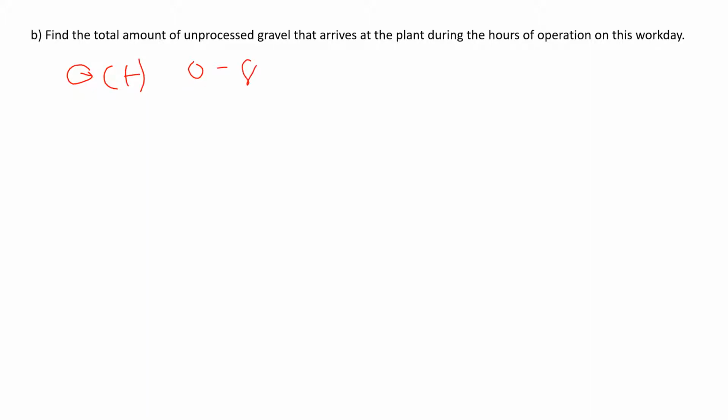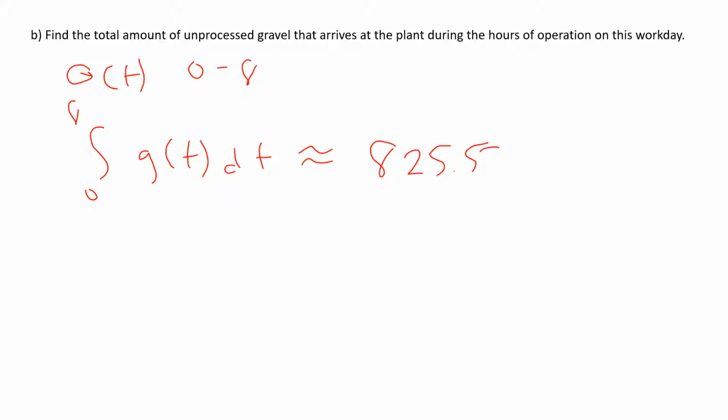We're not going to include the initial amount the plant had because we only want the new stuff that's coming in. So this is simply the integral from 0 to 8 of G of t dt. If you plug that into your calculator, it'll come out to something like 825.551 tons. Don't forget your units, that's an extra point at the end.